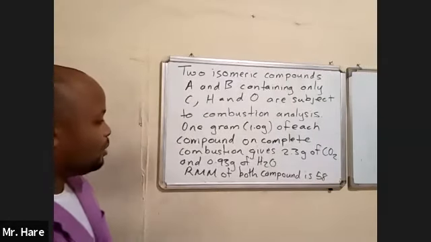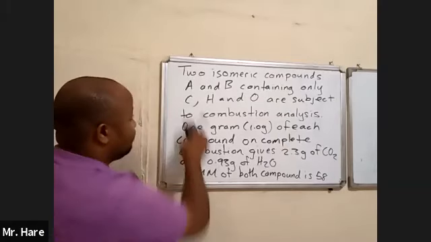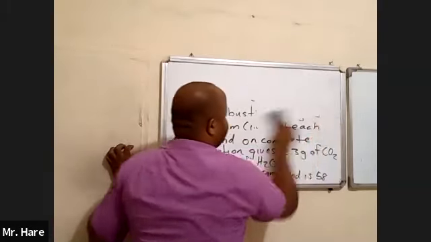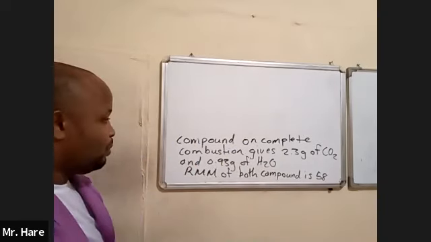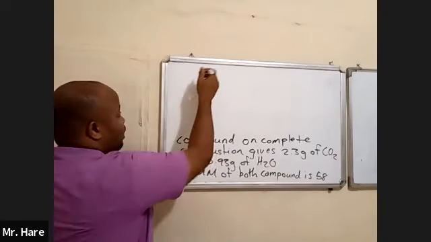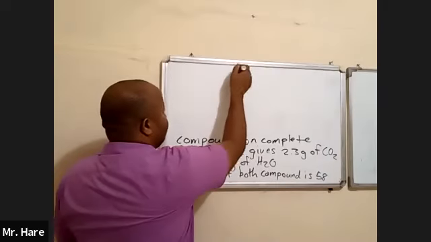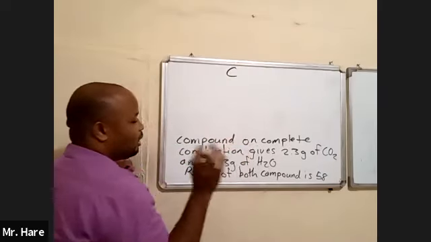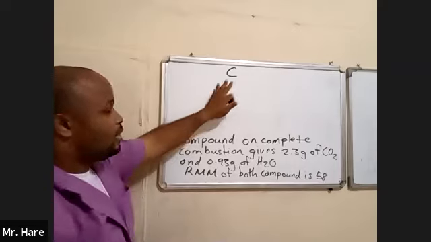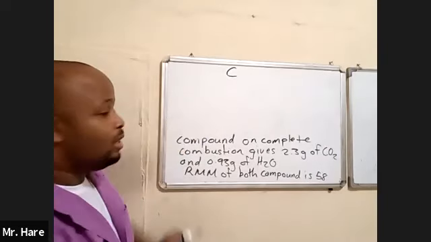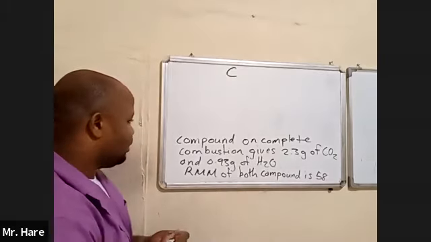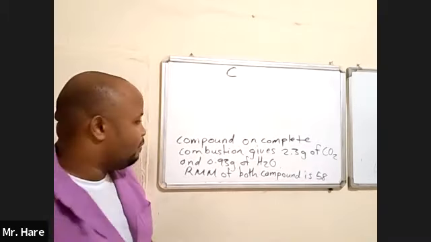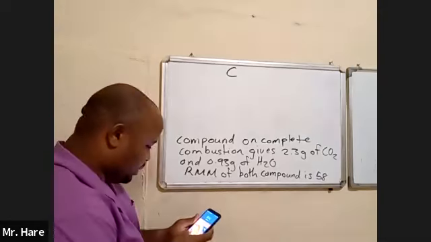All right, let's just knock off this one. If you have to calculate the empirical formula, given the mass of CO2, in calculating the empirical formula you need the mass of carbon, the mass of hydrogen and oxygen. Hold on, let me check if it actually contains oxygen.